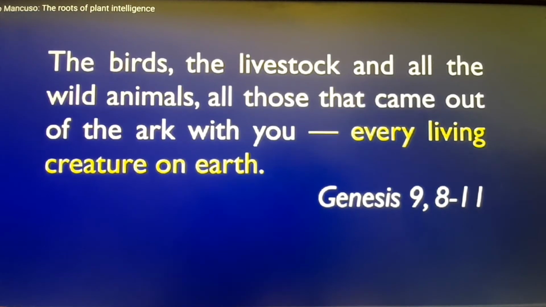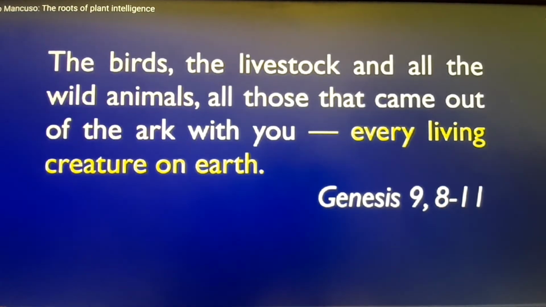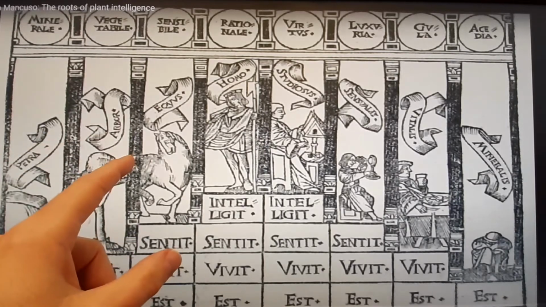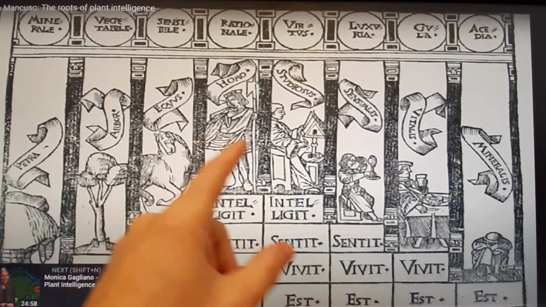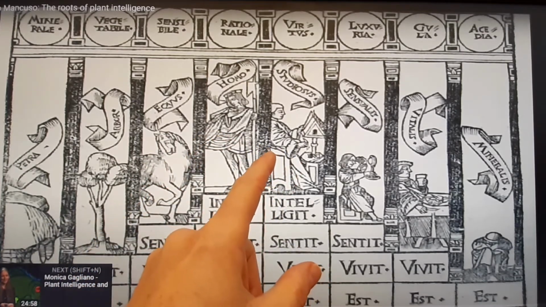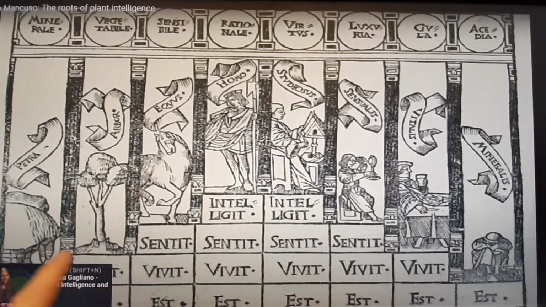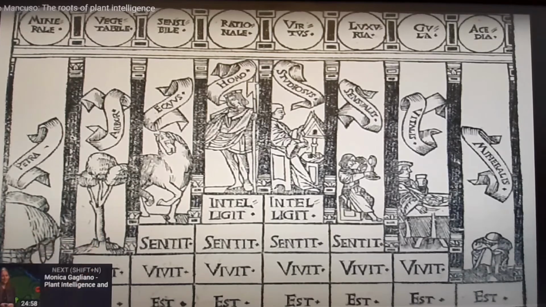He used a quote from the Bible: the birds, the livestock, and all the wild animals would come with you to the ark. He even showed the hierarchy of all living species, man being right at the top, and you can see that plants are closer to the bottom.